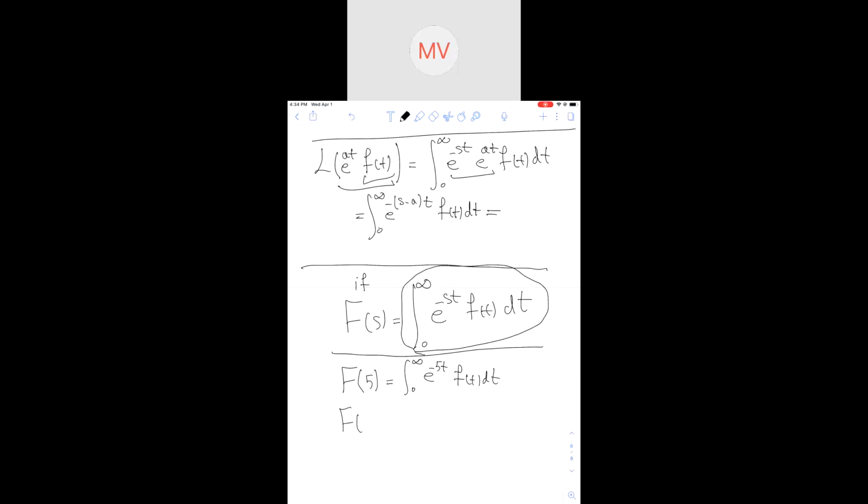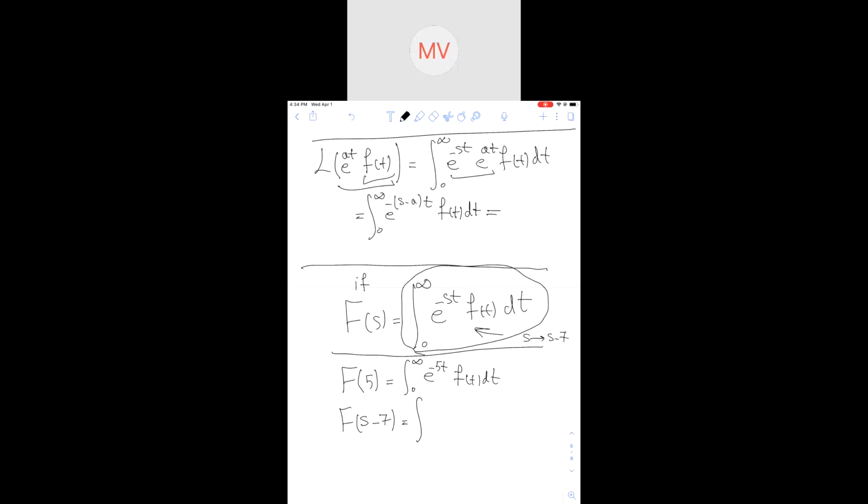How about this one? What is F of s minus 7? Do I do the same thing? Simply I replace s with s minus 7? Say yes or no. So do I replace s in this with s minus 7?